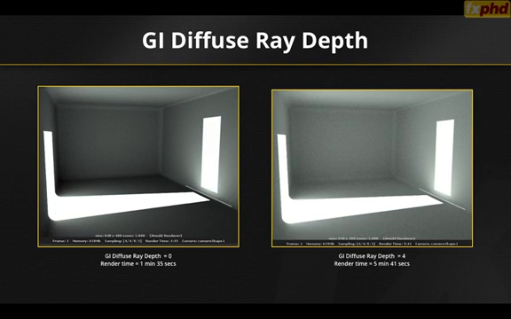The second image, however, I haven't changed anything other than I've said that the GI diffuse ray depth is not 0 but 4, and so we're getting much more bounce information of those rays in the scene, and we're getting a lighter scene. The scene is getting brighter because the rays are bouncing and the depth of those are going further into the scene, but we've obviously paid for that in that we now have a render of 5.5 minutes.